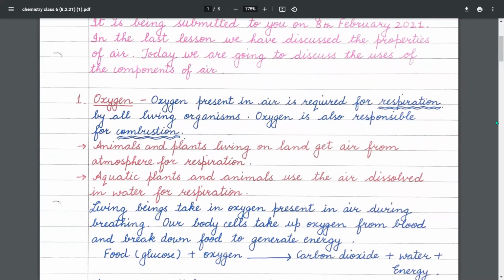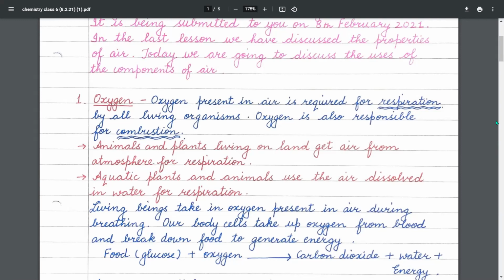Oxygen present in air is required for respiration by all living organisms. Oxygen is also responsible for combustion.